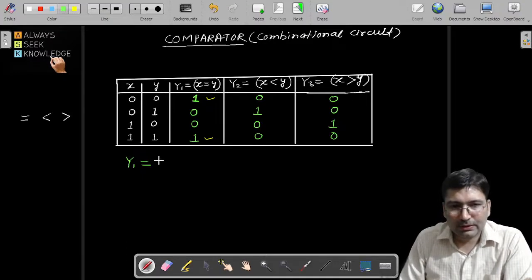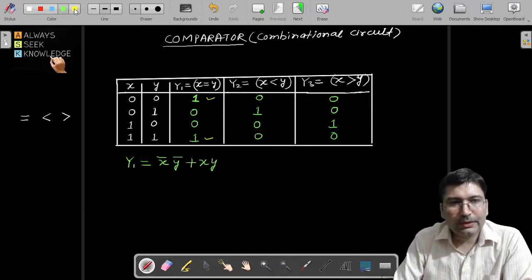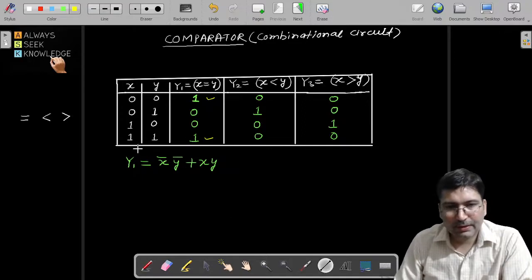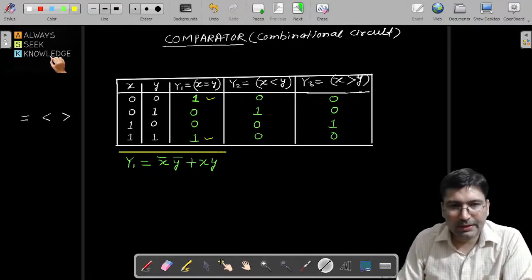Here x is low or 0 and y is also. So you can say x bar y bar, or the second is x y, right? So this is the Boolean expression for y1.